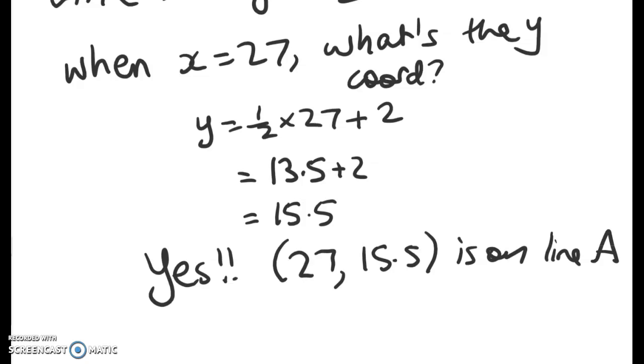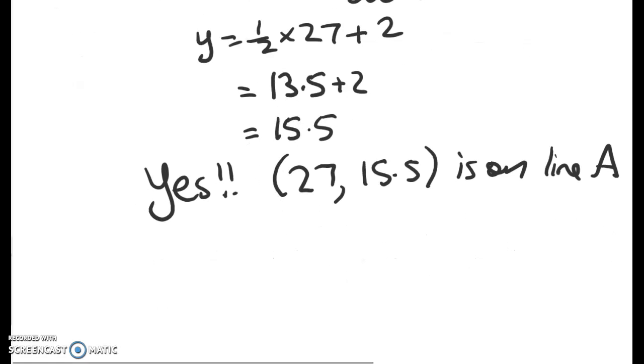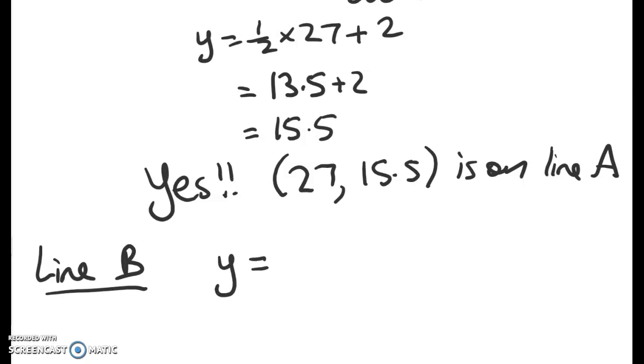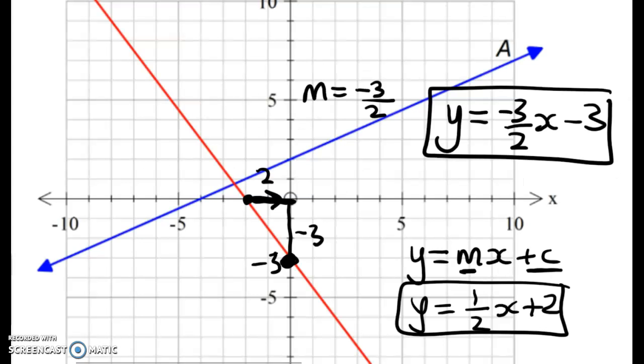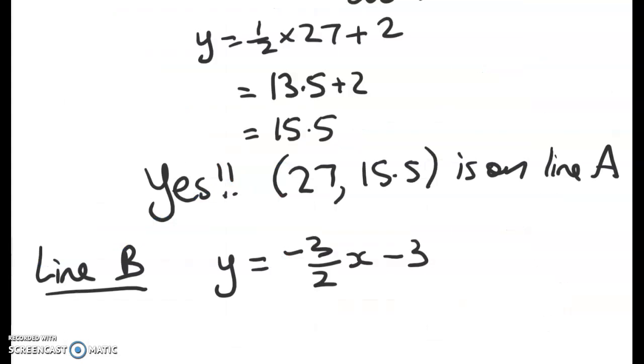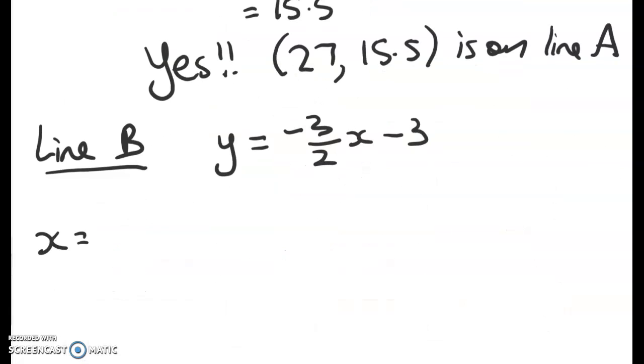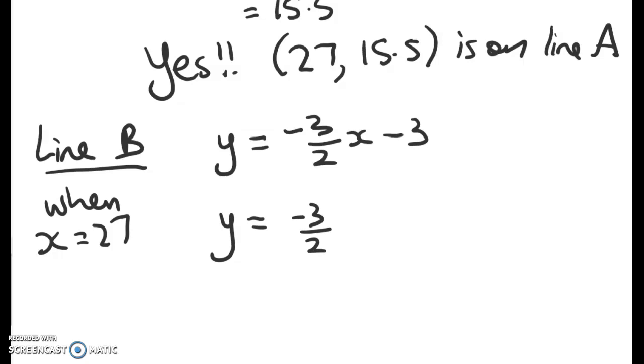Now we're going to do the same thing for line B. So line B had equation y equals negative 3 over 2x minus 3. I'll just check that's right. Yep. Okay, so substituting in, when x is equal to 27, what do we get? Well, we get negative 3 over 2 times 27, take away 3.